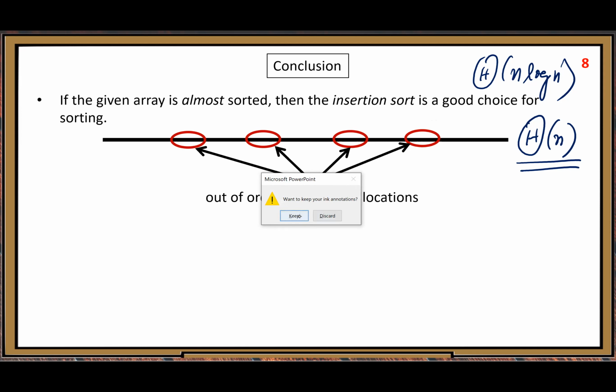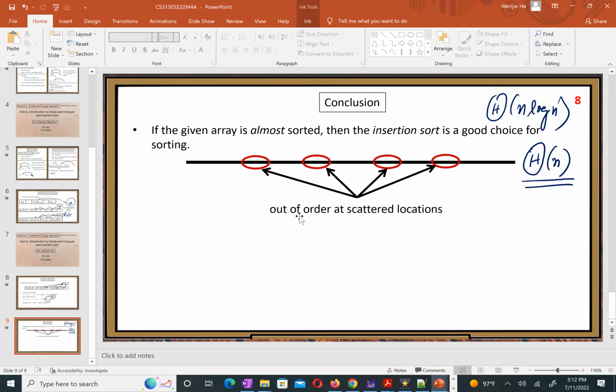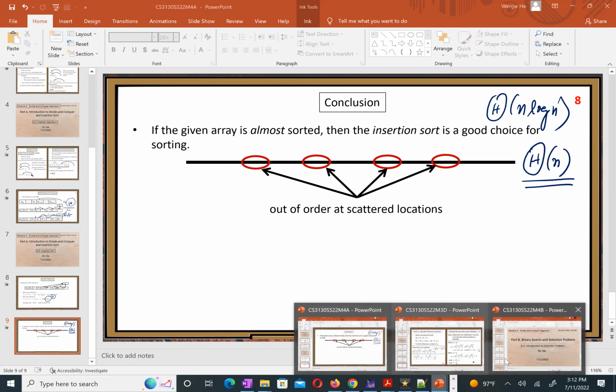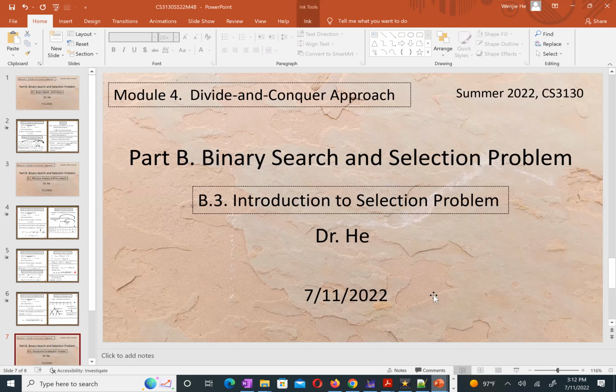All right, so that is part A of Module 4. We still have close to 20 minutes, and I don't want to waste that time. So let us start part B. At least we do some introduction.